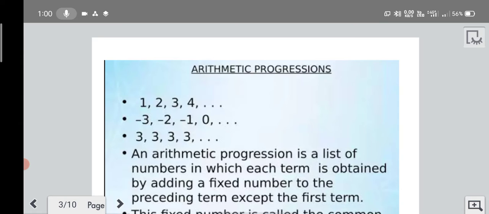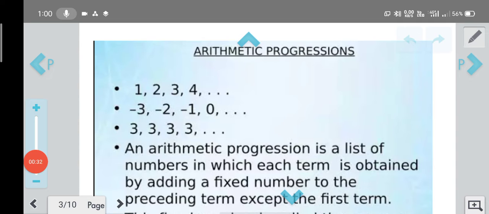Arithmetic progression. Children, here you can see there are some lists of numbers. I have given three sequences here. In the first sequence, we see a list of numbers 1, 2, 3, 4 and so on.